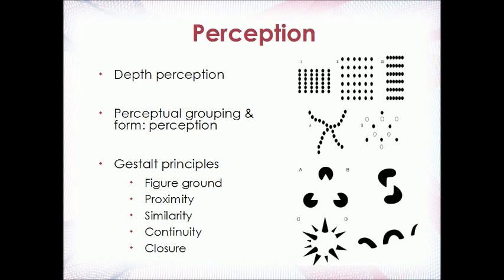So we have a whole bunch of principles that we tend to use to group visual information. The last one that we tend to use is called closure. And you can see that in the pictures at the bottom. What we tend to do with partial stimuli is we complete the picture in our minds. So in figure A, you'll see a white triangle rather than three circles that are incomplete. You see a white triangle superimposed in front of three black circles.